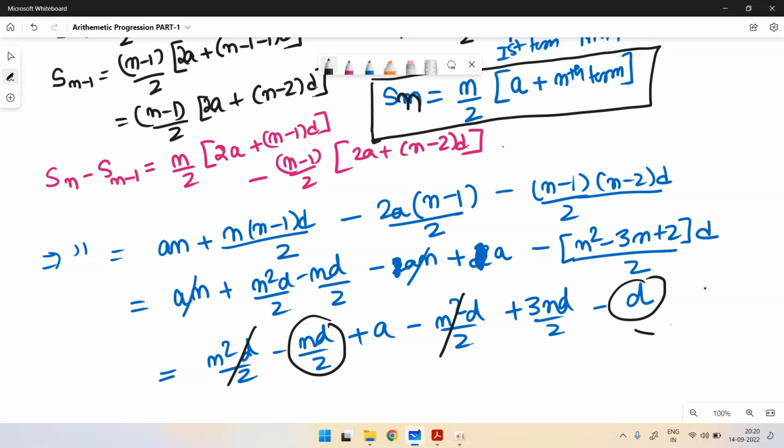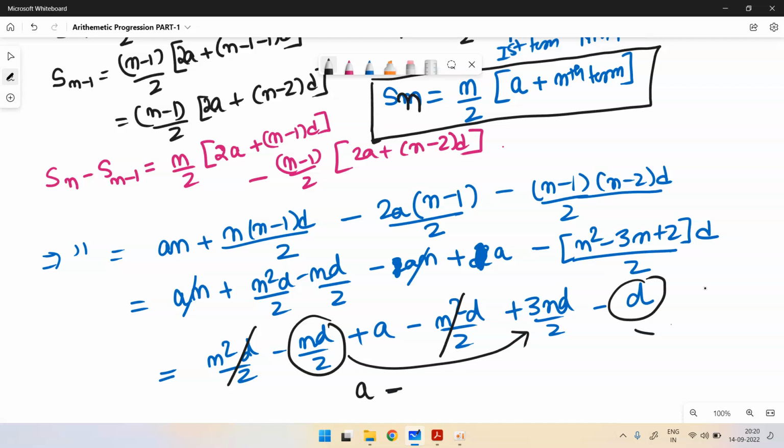Write this minus n square plus 3n by 2 minus 2d by 2, which is nothing but d only. So sorry, if you subtract this from this, this is nothing but a minus nd and d by 2.